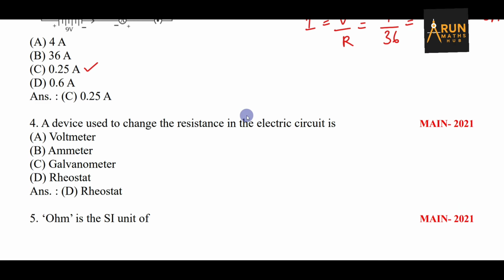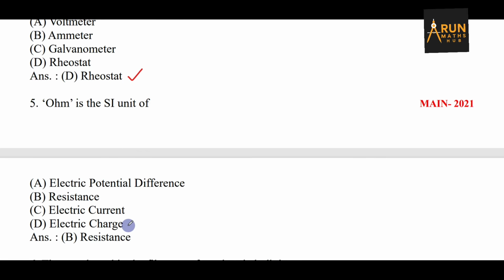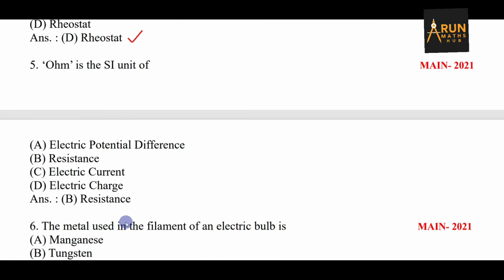A device used to change the resistance in the electric circuit is the rheostat. Rheostat is a device which is used to change the resistance in the electric circuit. What is the SI unit of resistance? Ohm is the SI unit of resistance.